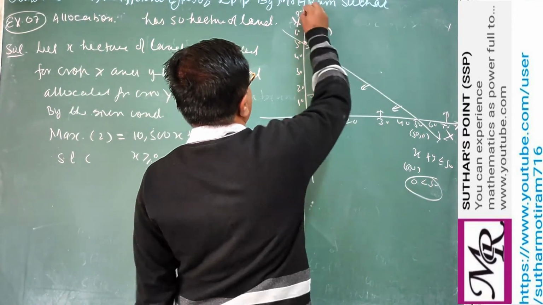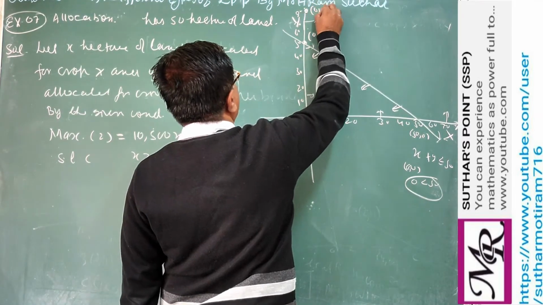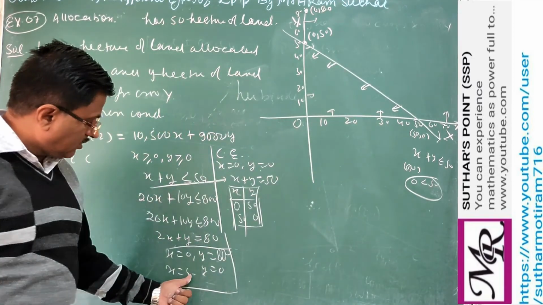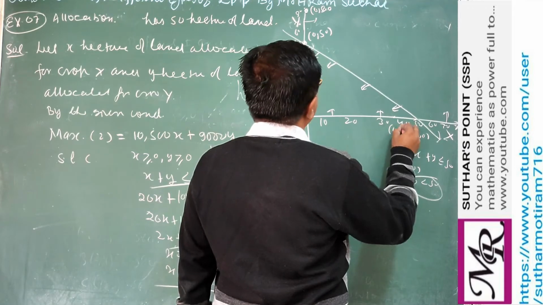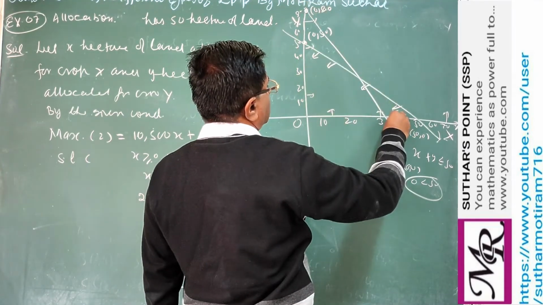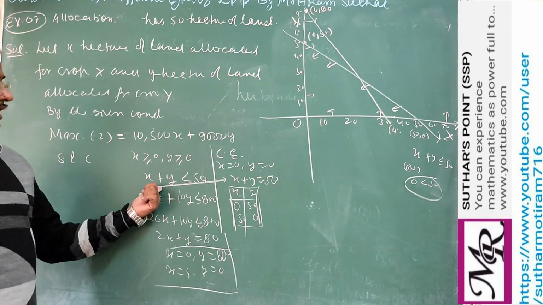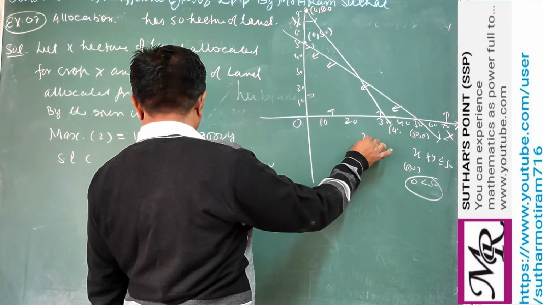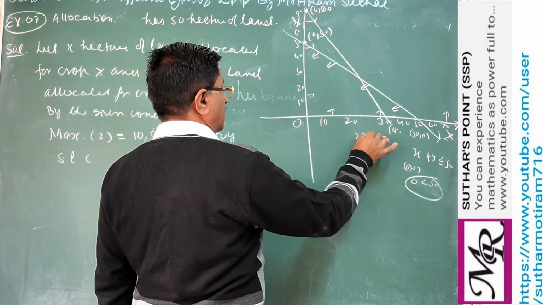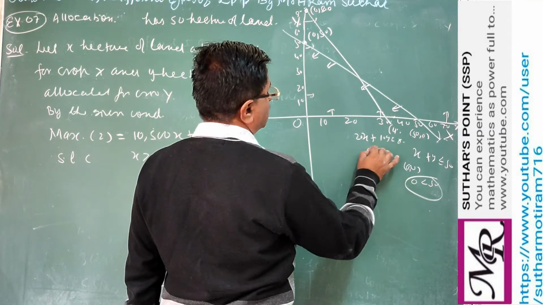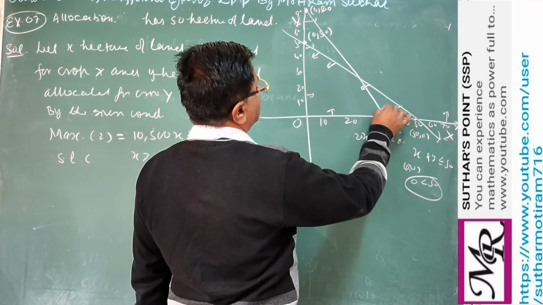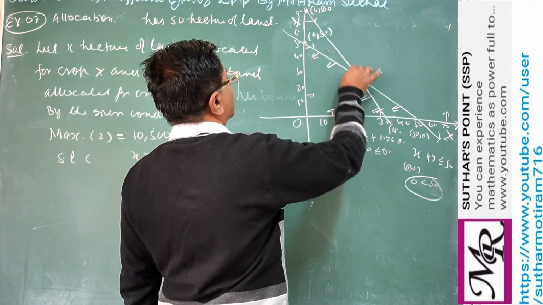So the point is 0 and 80, and then y equal to 0, x is 40, and this is 40. If you draw this line, it will be like this, and again it is the less than sign. So 2x plus y less than or equal to 80. The origin is satisfied. It means the solution will be toward this side.